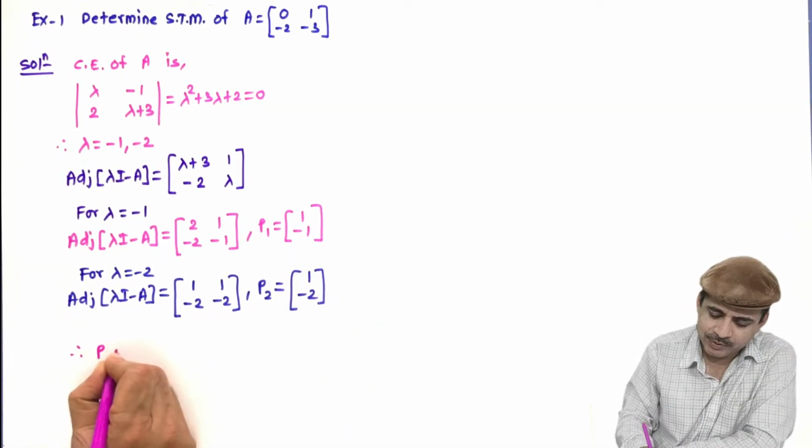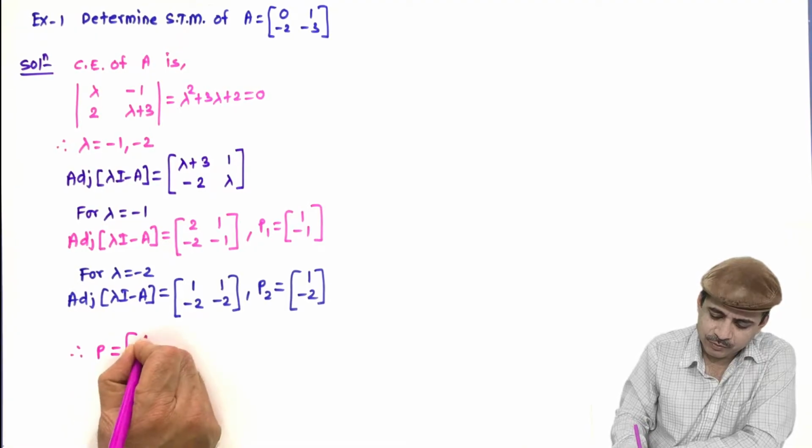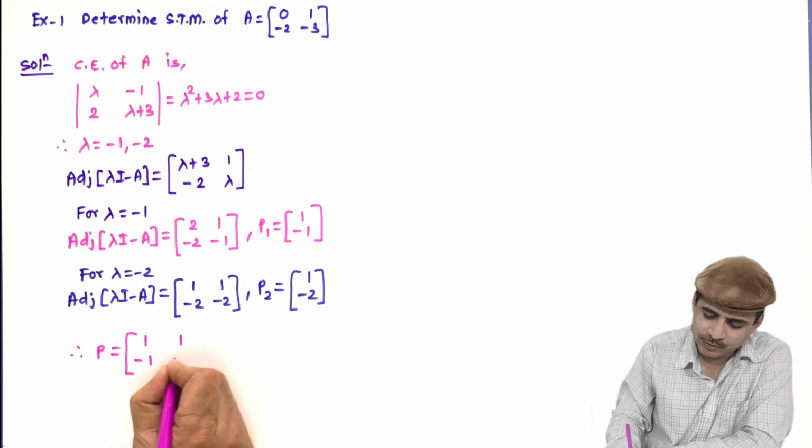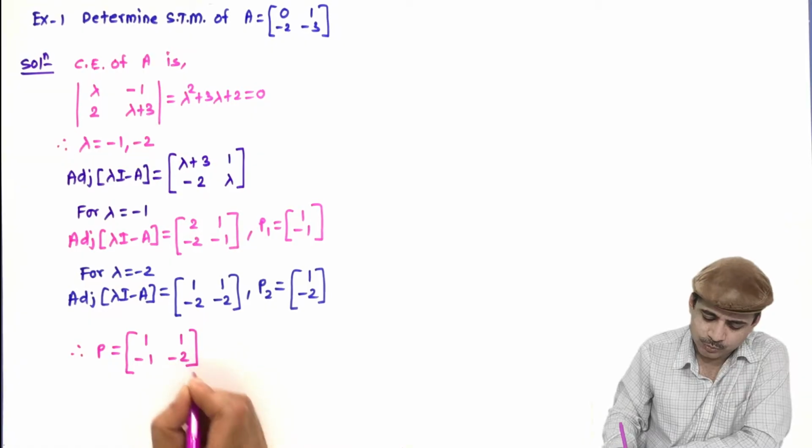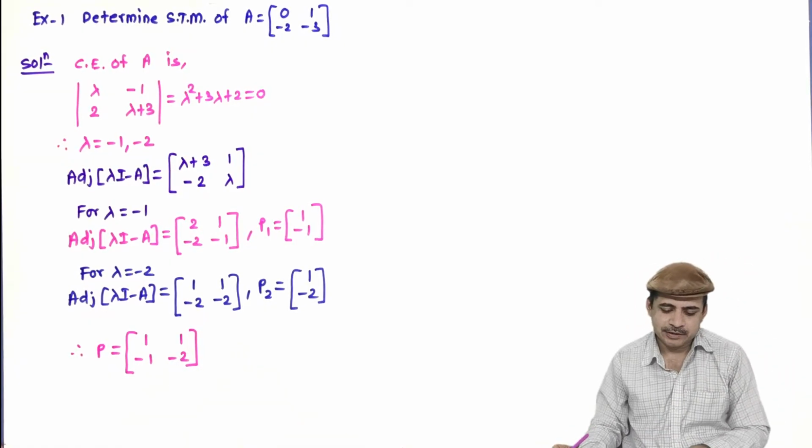So the modal matrix P is [1, 1; minus 1, minus 2], and that gives me the inverse.